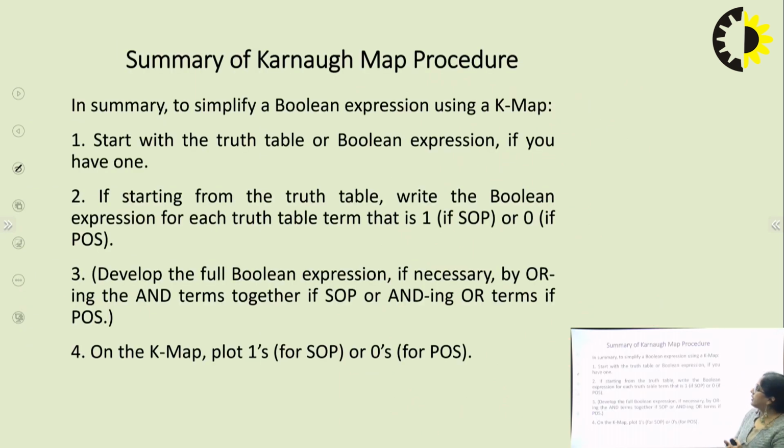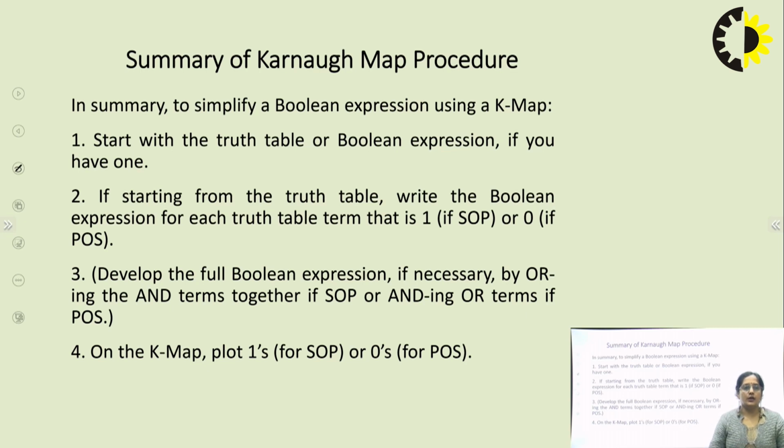So, summary of the K-map procedure, how we are going to start. We have to start with a truth table or Boolean expression, if we have any one of them. Then from the truth table we have to place ones if we are going for SOP form, that is sum of product form.